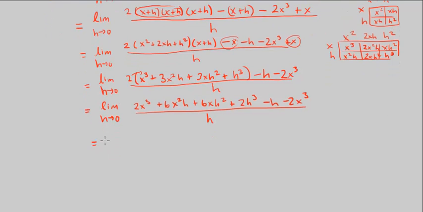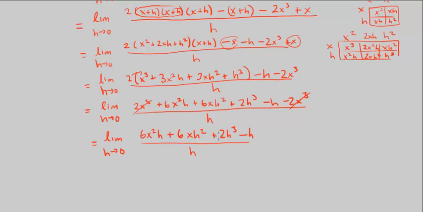Okay, so again, we still say the limit is h goes to 0. And then, can we cancel any terms? Well, I see 2x cubed here and negative 2x cubed, right? And that's it, right? So then I have 6x squared h plus 6x h squared plus 2h cubed minus h divided by h.